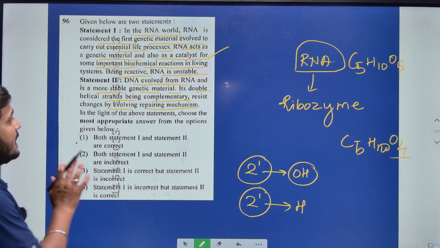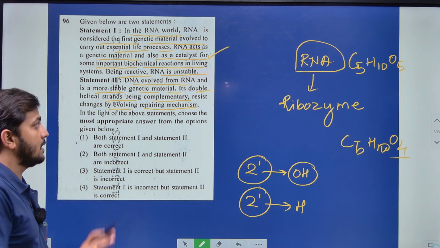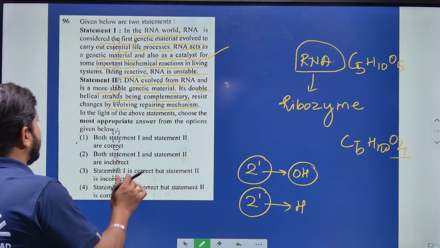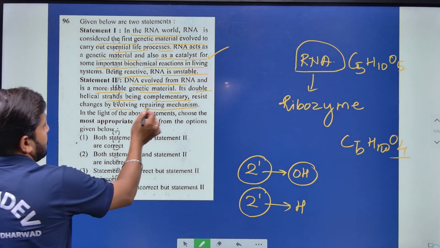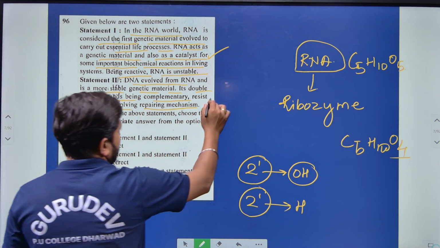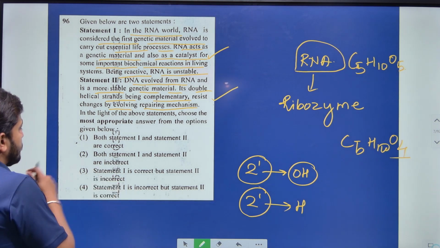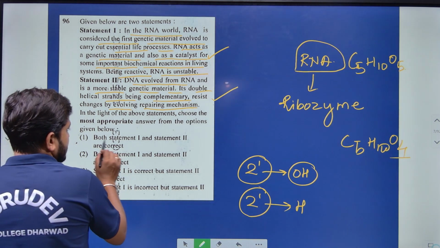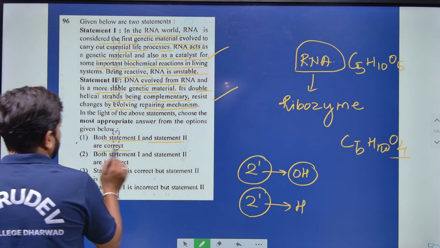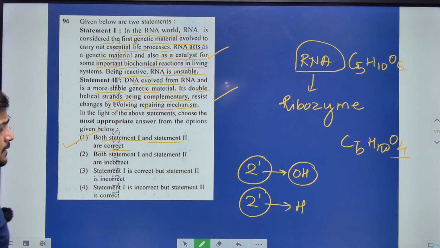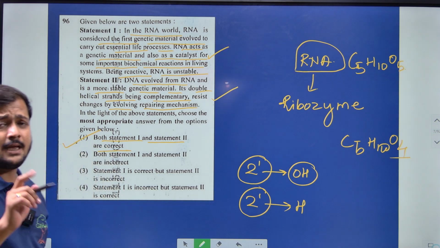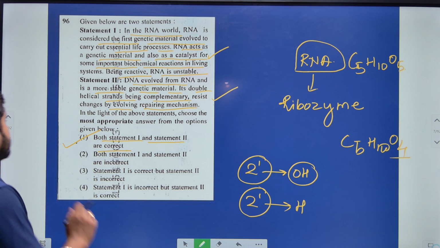That makes DNA a stable genetic material, and it resists change by evolving repair mechanisms. So statement 2 is even correct. According to that, both statement 1 and statement 2 are correct, so option 1 is correct.